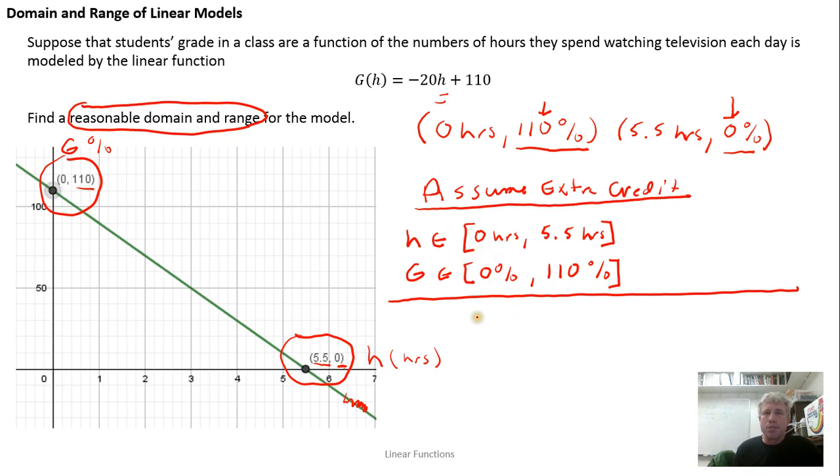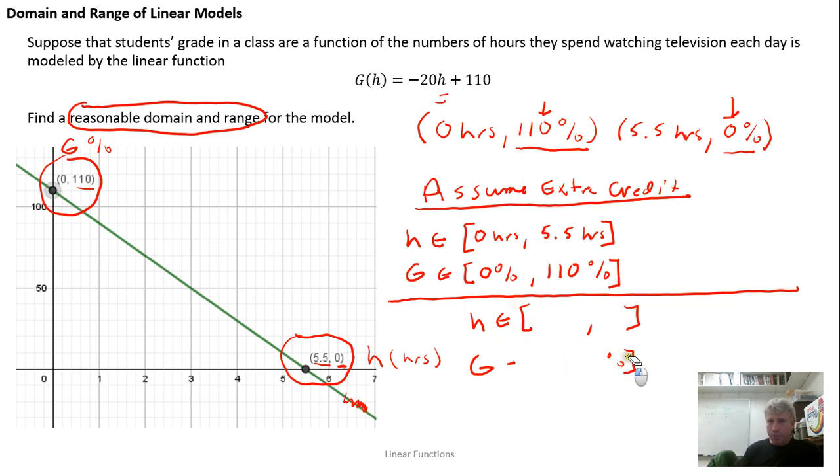So if we assume that there's no extra credit, then we would need to know, well, what hours can we do? And what grades can we get? Well, if there's no extra credit, the grade should run on the interval from 0 to 100%. 0% to 100%.